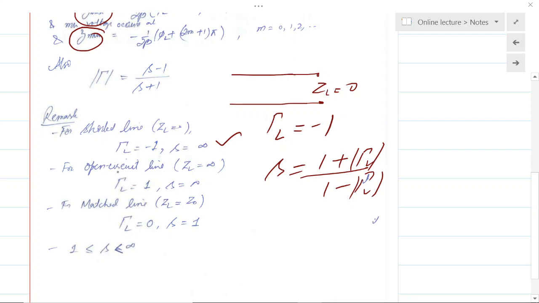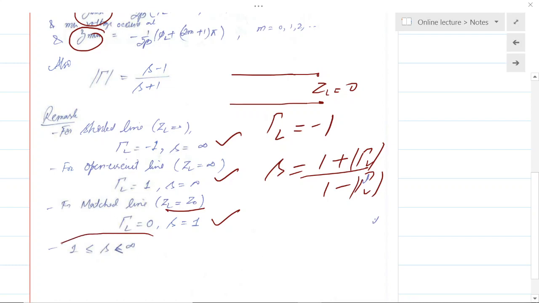Similarly, when the line is open circuited, ZL is infinity, the magnitude will still be 1 and the phase will be 0. In that case, S will be infinity. When the load is matched, that is ZL equals Z naught, then the reflection coefficient gamma L is 0. In that case, S will be 1.